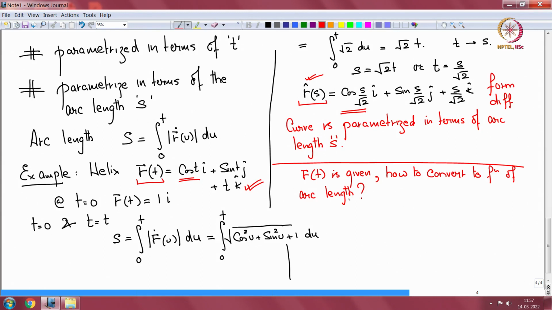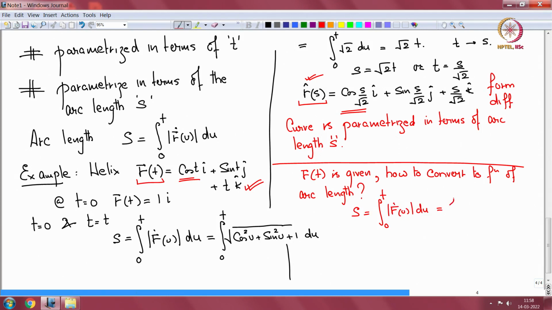My s is equal to the integral from 0 to t of magnitude r dot of u du.